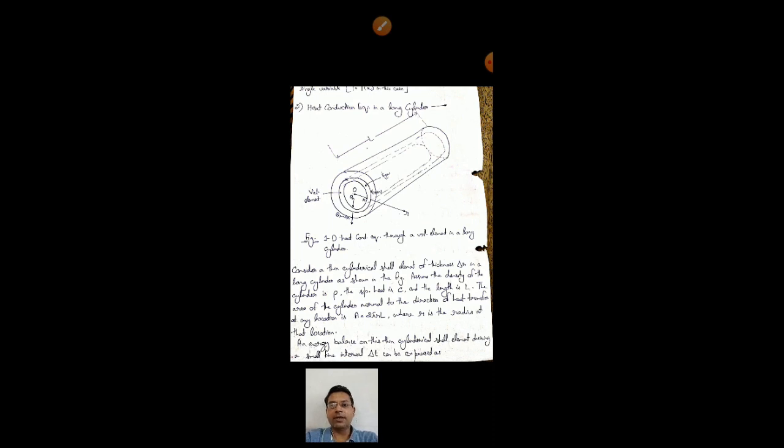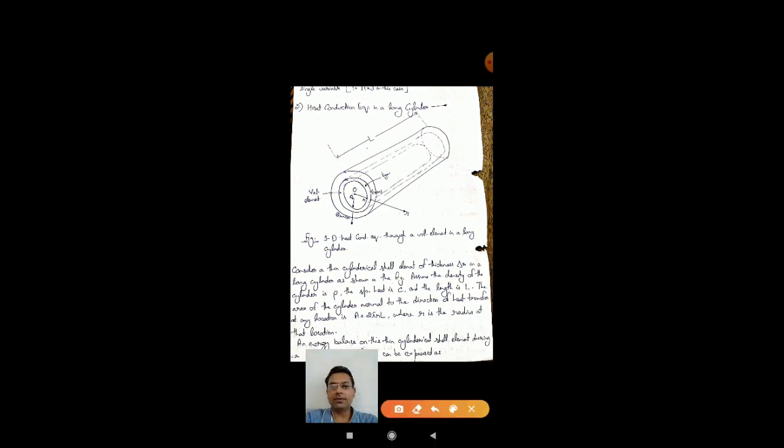Consider a thin element of thickness delta r, which is shown here, in a long cylinder.